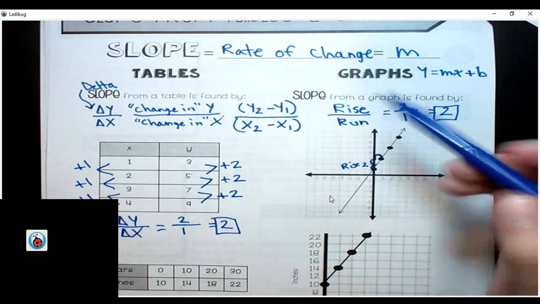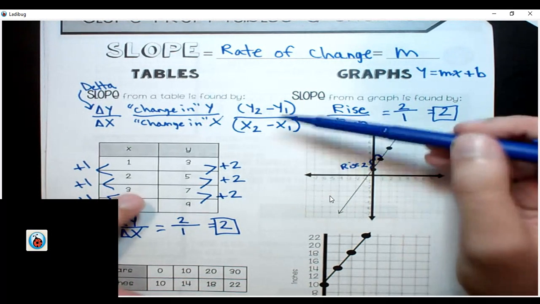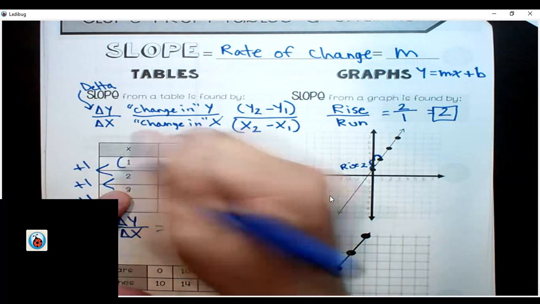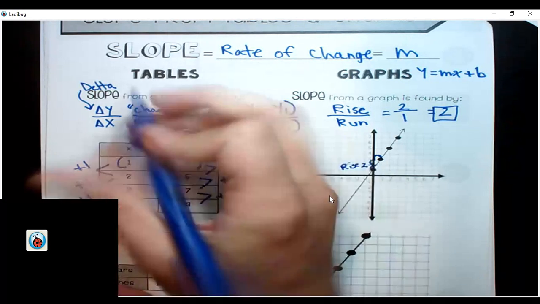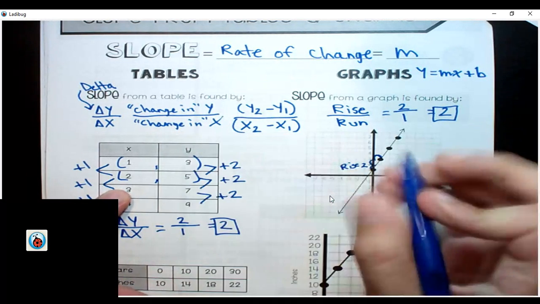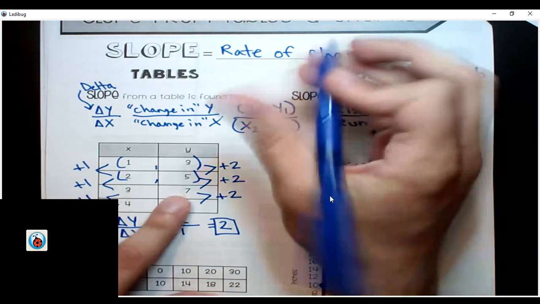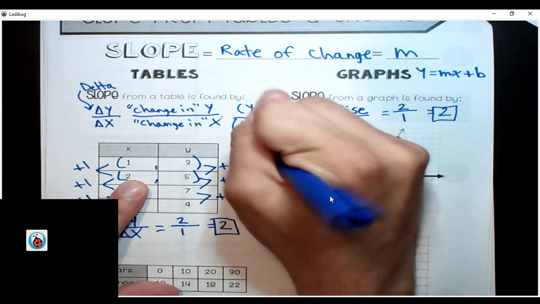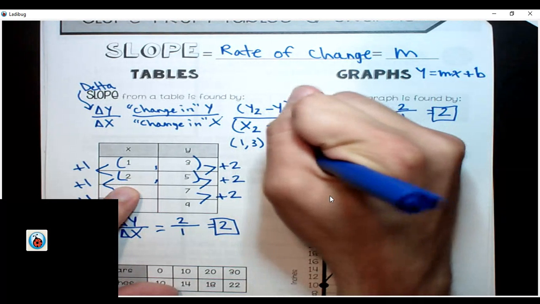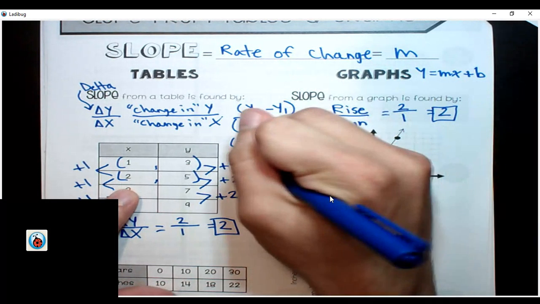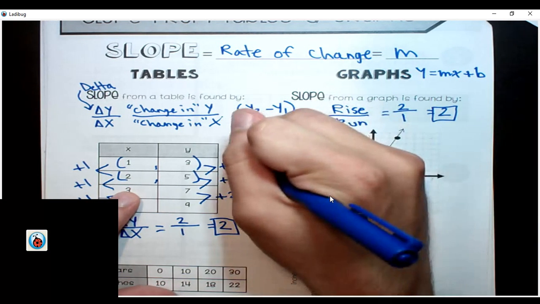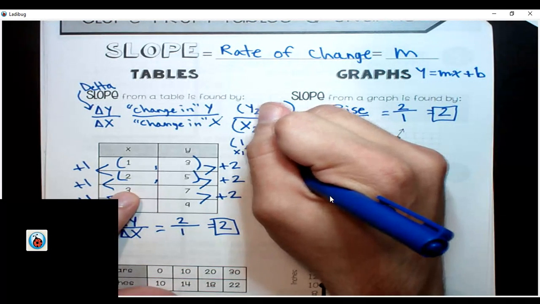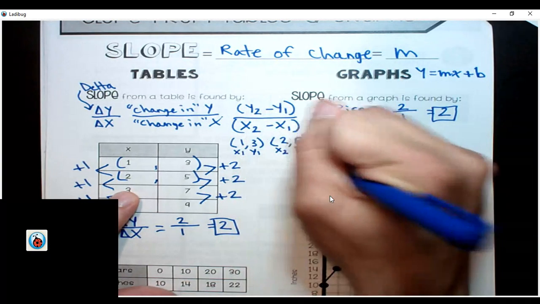If you wanted to actually use the formula, we can identify this. These are the same as coordinate points. So this 1, 3, 2, 5, those are coordinate points. I usually like to write the coordinate points, so we can say 1, 3, and 2, 5. Identify your x coordinate: this is the first x, this is the second x, this is the first y, that's the second y.